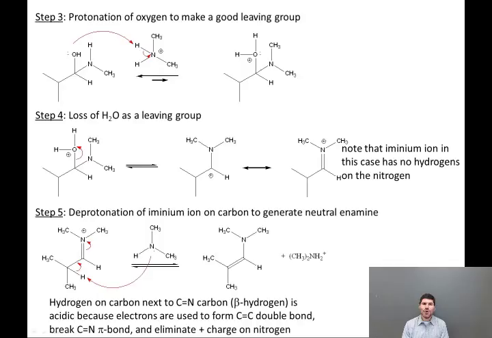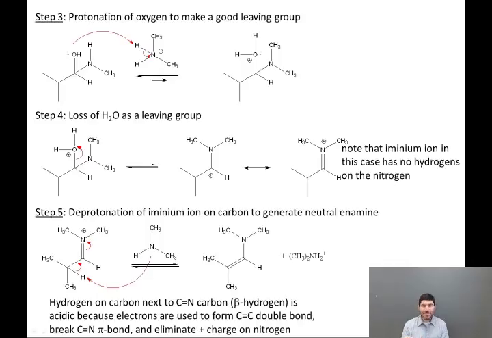And then if you are adding a bond to the iminium carbon, you also have to break a bond from that carbon. The bond that we're going to want to break is a pi bond, because as we've discussed, pi bonds are weaker than sigma bonds, and we don't have a leaving group to expel.